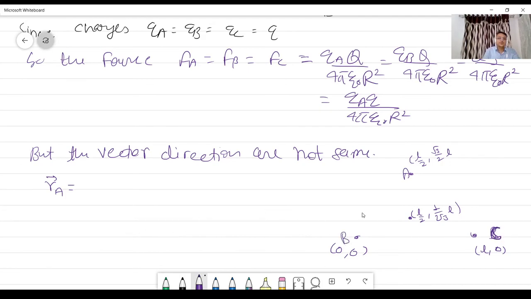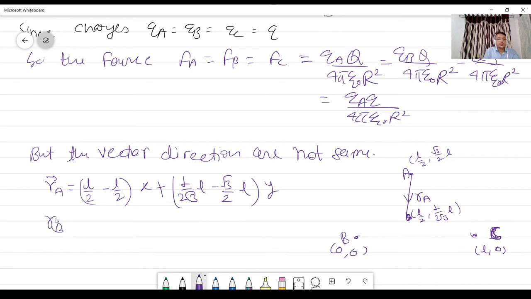So what will be the vector RA if I want to find? It will be the end point minus the starting point, so it will be (L/2 minus L/2) x plus ((1/2)√3 L minus (√3/2)L) y.